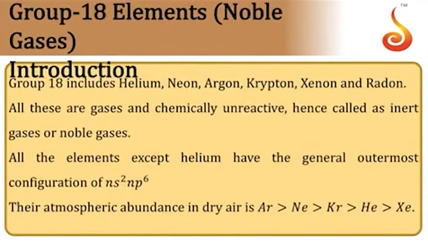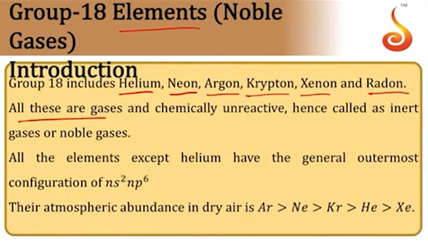Now let us discuss the properties of 18th group elements and their compounds. The 18th group elements include helium, neon, argon, krypton, xenon and radon. All these are gases, and because of completely filled sublevels, they are chemically unreactive.